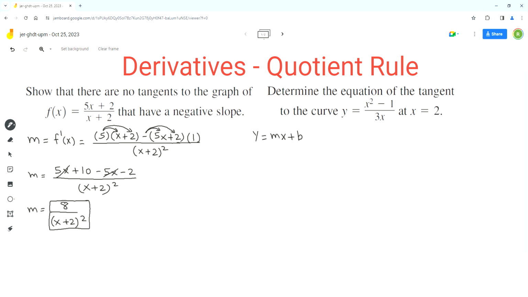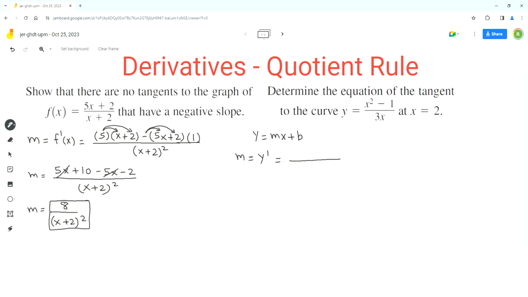So the first step is to find the derivative of this given function to get the slope of the tangent at x equals 2. Since this is a rational function, we can use the quotient rule. So m is equal to the derivative of this y function, which will be y prime. Now we can use the quotient rule.